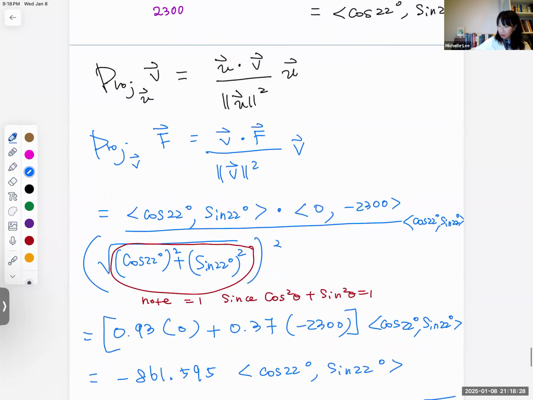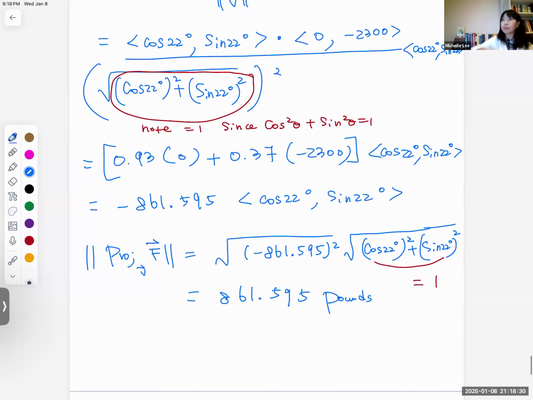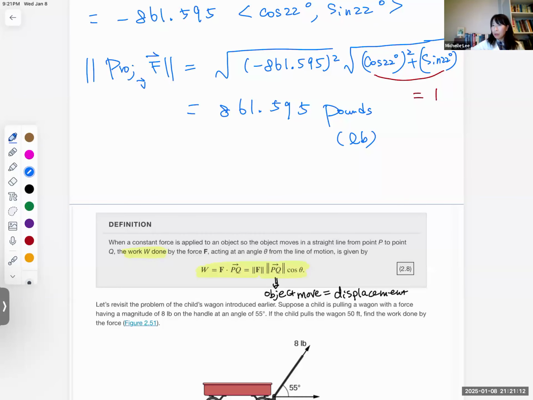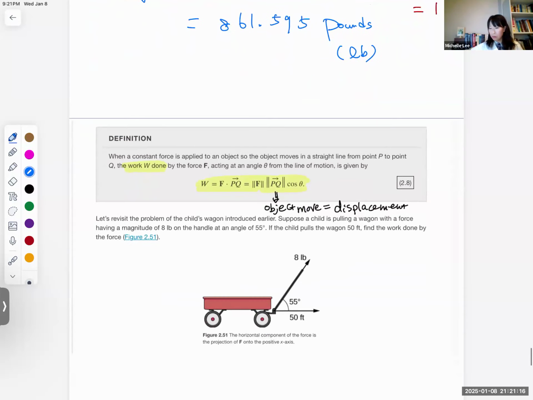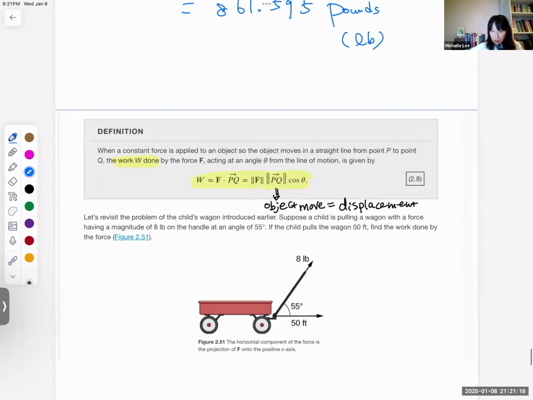Okay, any question? Let me bring another application. This is the last application, and here we have the formula, the definition.